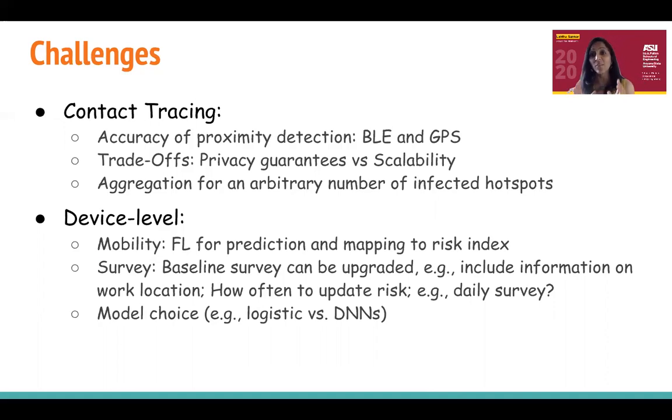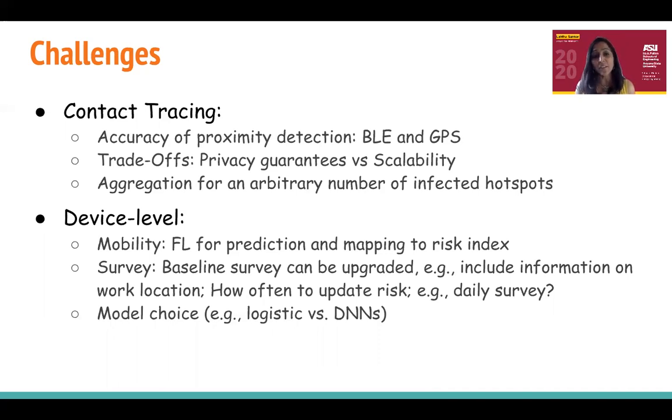And that gives the user much better privacy guarantees, but there's a scalability problem there in terms of generating these codes. Finally, there's also the scalability problem in terms of aggregating for an arbitrary number of infected hotspots. Certainly, we're going to look at heavy hitters in that context, but these are generally real challenges in implementing this.